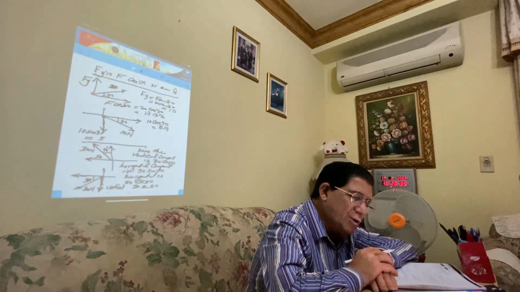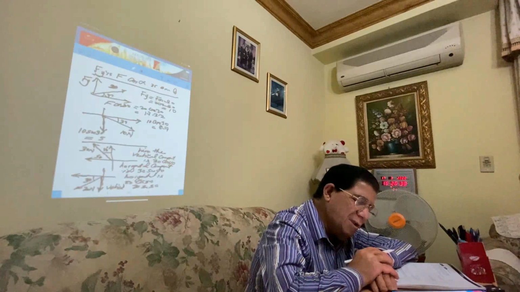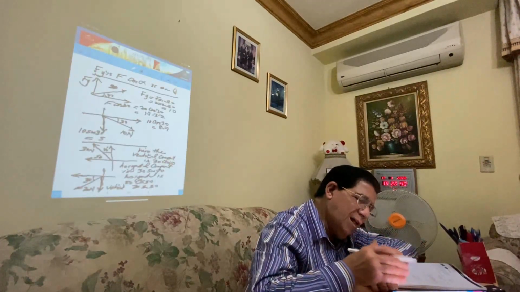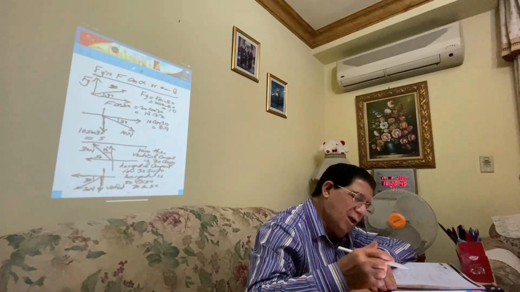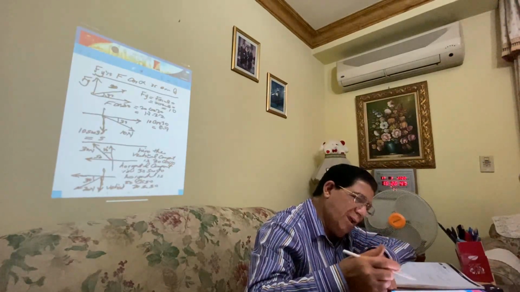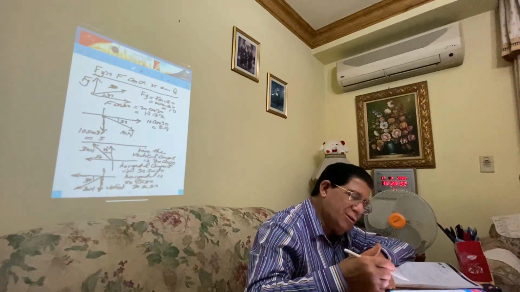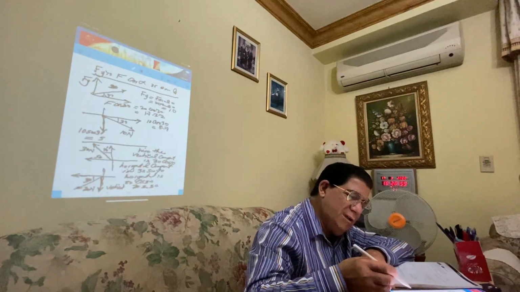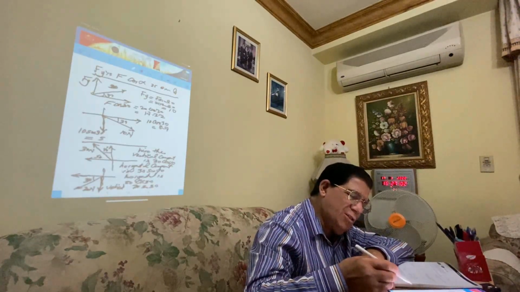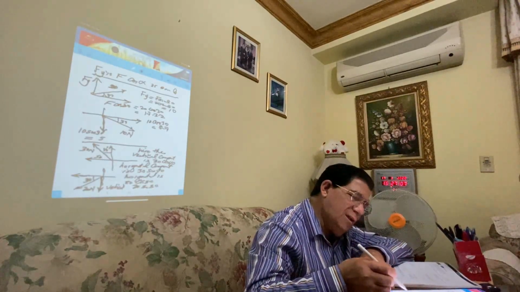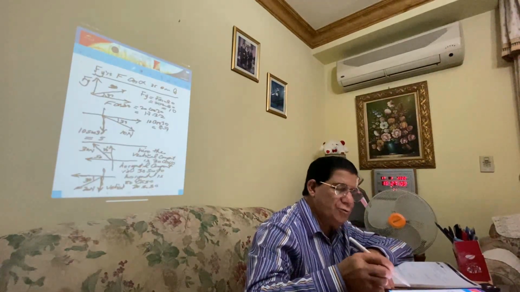But when I want to express them, I say this is negative and this is negative. When I ask you what is the component along the x, you say it is negative 20 cosine 30, to indicate that it is to the left. When I ask what is the component vertically, you say negative 20 sine 30. Why? Because it is vertically down.